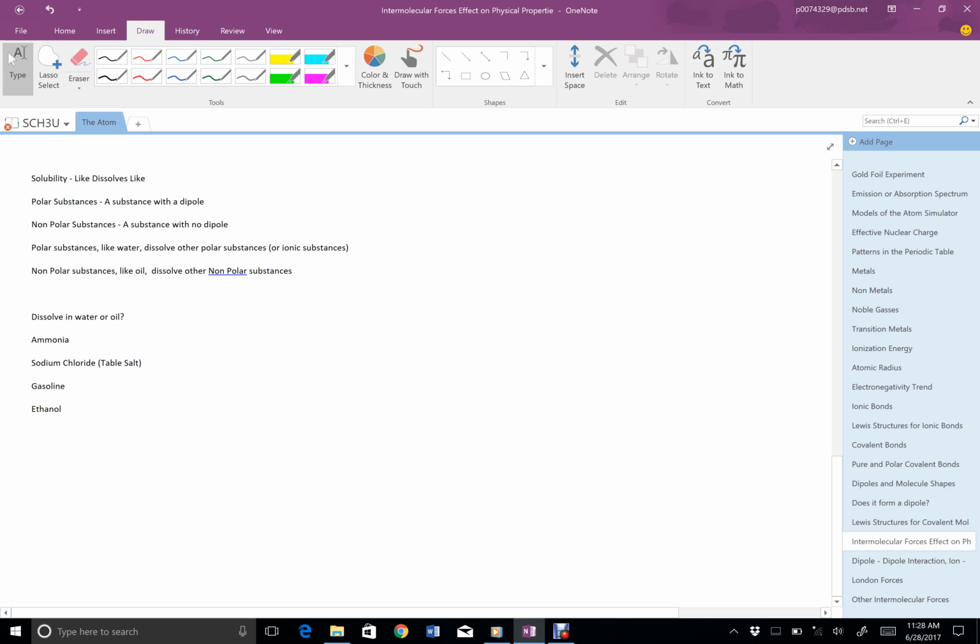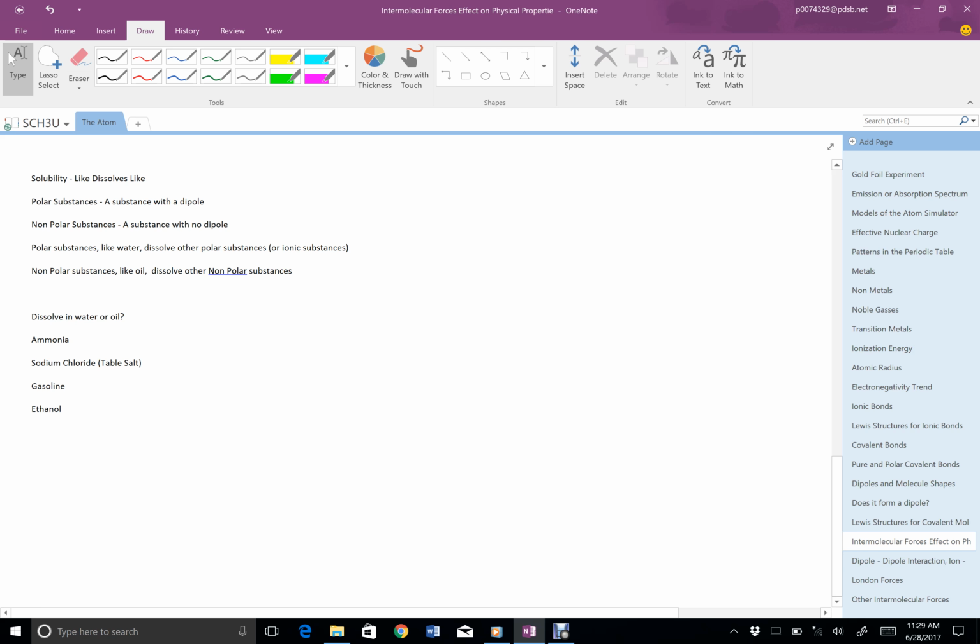Another property that is affected by intermolecular forces is solubility. Polar substances, or substances with a dipole is what I mean by that, and a nonpolar substance is a substance with no dipole, like the organic molecules that we were just talking about. Polar substances, and the rule for this is that like dissolves like.